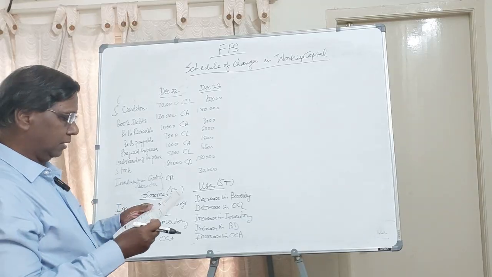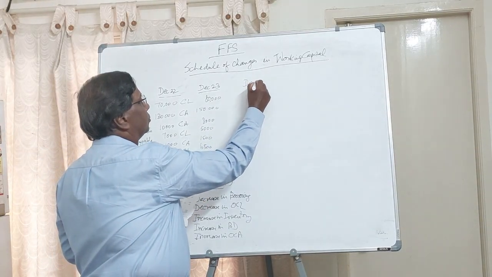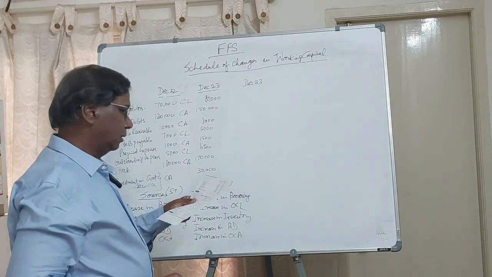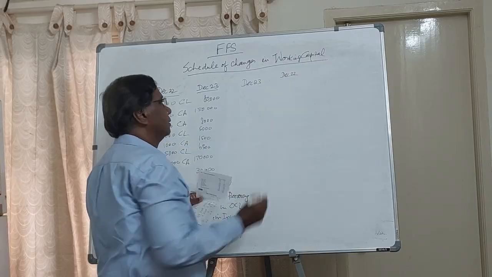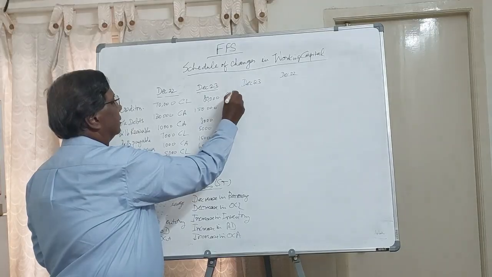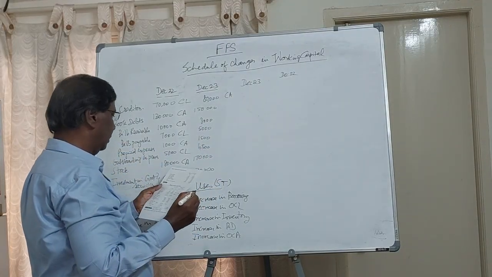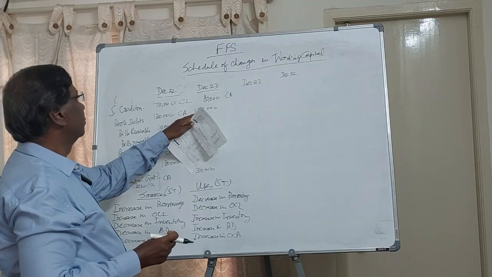So let us see. December 23. Then December 22. We'll take only current assets and total them up. This is December 23, current assets.